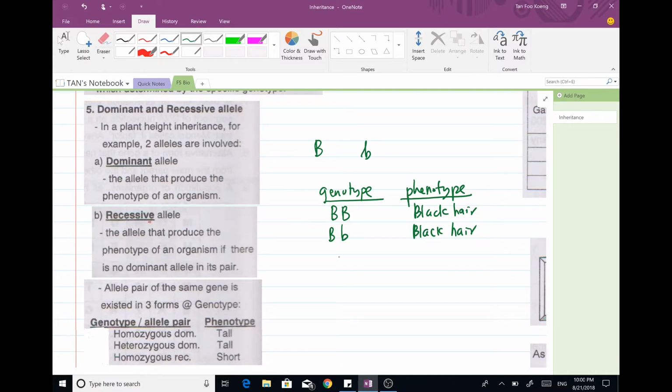If we have this combination in our genotype, small b and small b, then we will have the bronze hair. So from here we know that the allele capital B is dominant over allele small letter b. So a recessive allele can only produce its phenotype if there is no dominant allele.